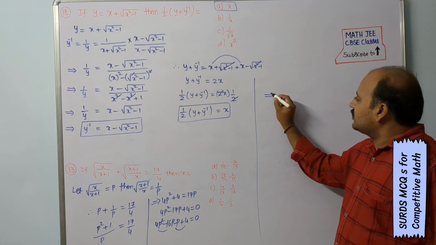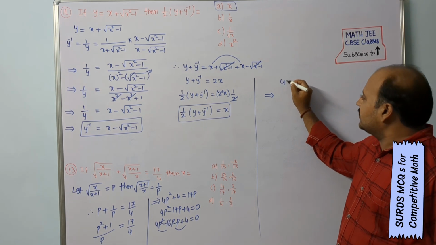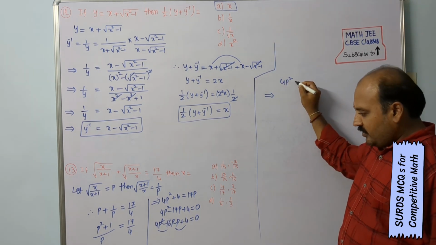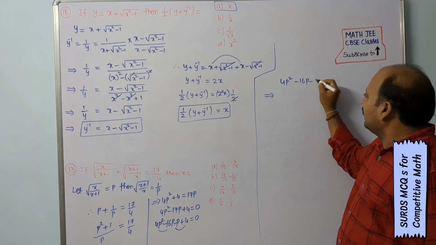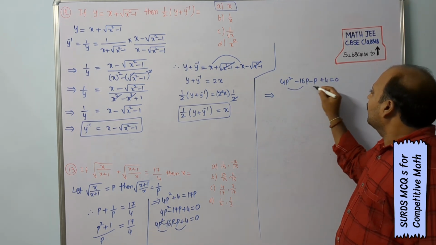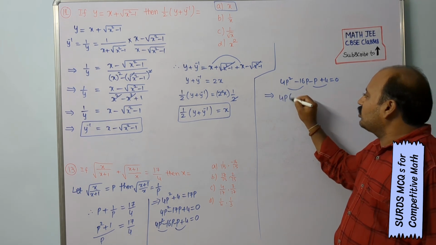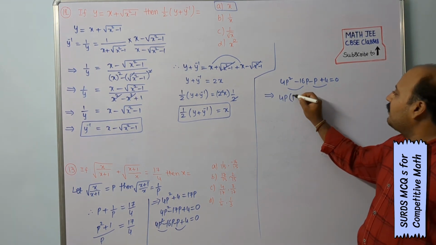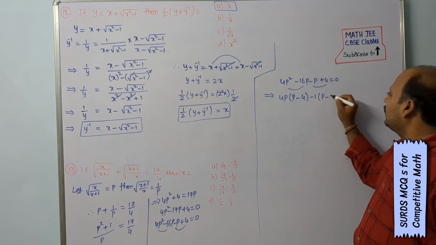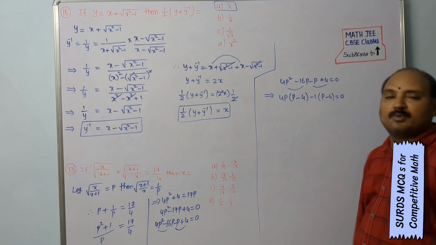So from first two terms the equation is like this one. 4p square minus 16p minus p plus 4 equal to 0. 4p if we take out common, p minus 4, minus 1 take out common, p minus 4 equal to 0.